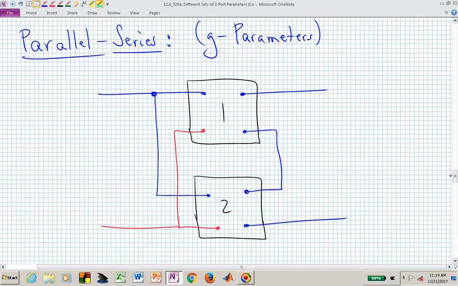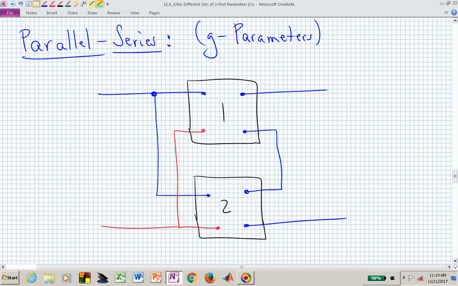Finally, we can talk about a parallel series, where the parallel is the port 1 side and the series is the port 2 side, and that's now another way of identifying hybrid parameters. So if you had G parameters, or if you had this interconnection structure, you might want to put these two ports in terms of their G parameters.